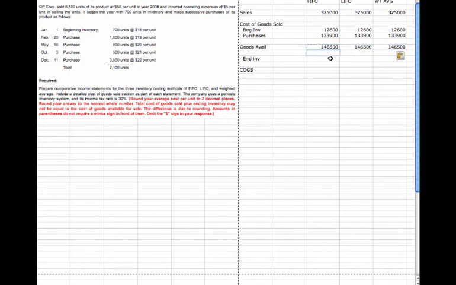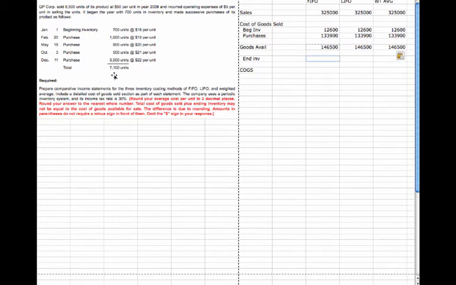In the first one, ending inventory. Here, they tell us that there were 700 units left over in inventory at the end, it began with 700 units, and they sold 650 units.